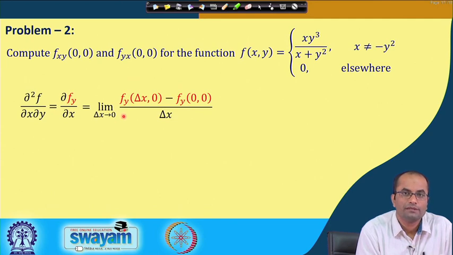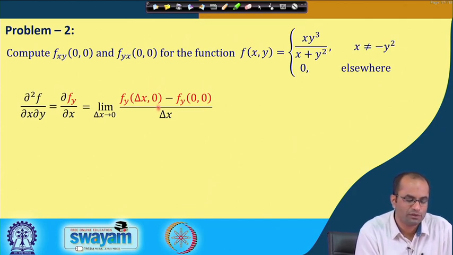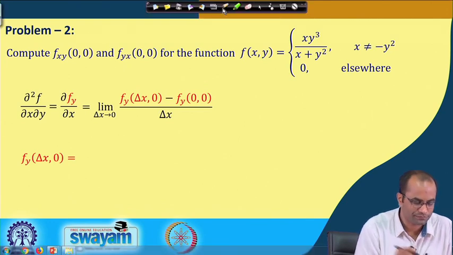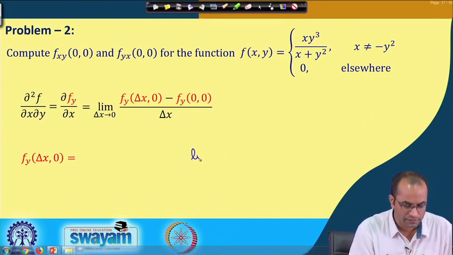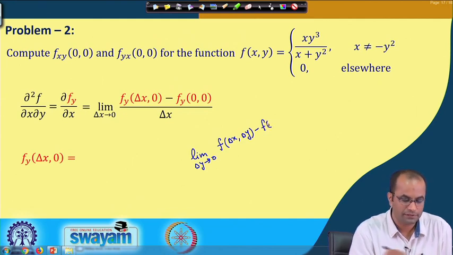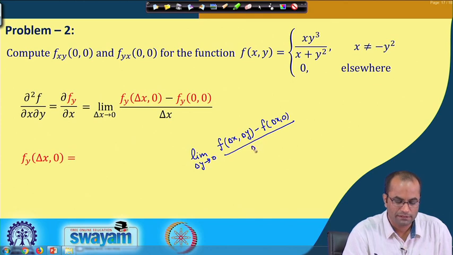As per the definition, we have f_y(Δx, 0) minus f_y(0, 0) over Δx, and similar to the earlier example, we need to compute now this f_y(Δx, 0), which is again the limit here, and the Δy should go to 0. So, the Δx will not change, and we have 0 plus Δy, and then we have f(Δx, 0) divided by Δy.